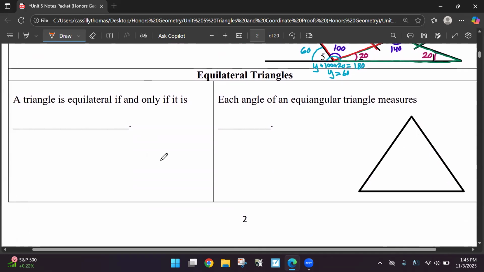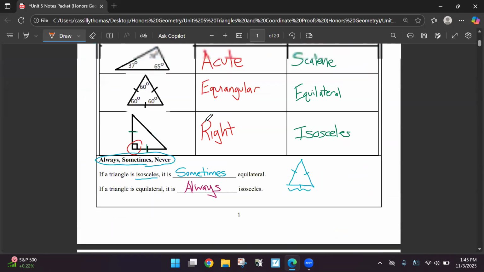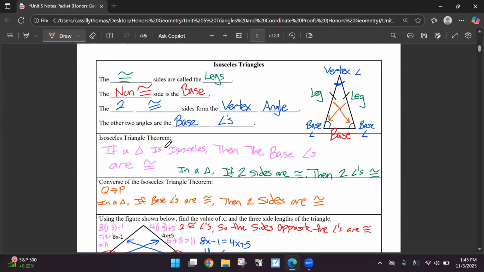All right, next one. A triangle is equilateral if and only if it is equiangular. When we looked up here, we said isosceles triangles.